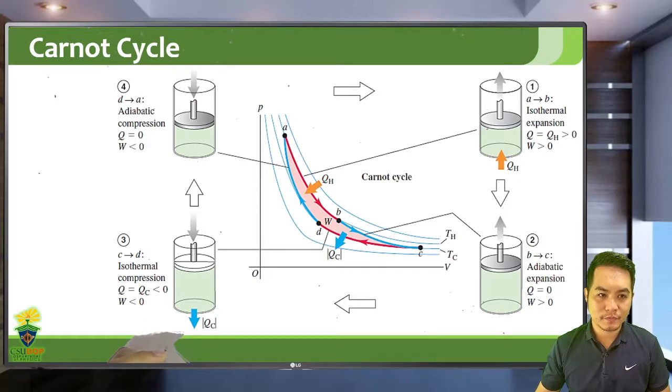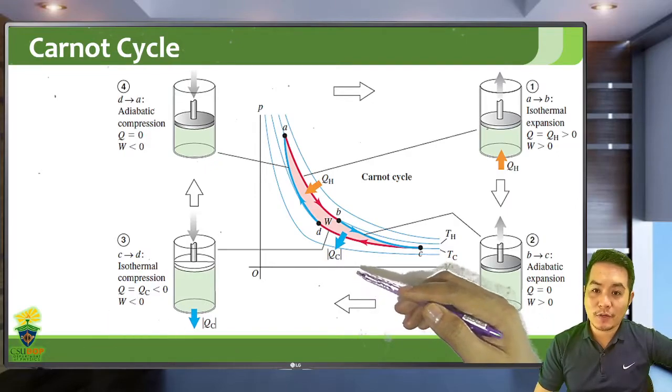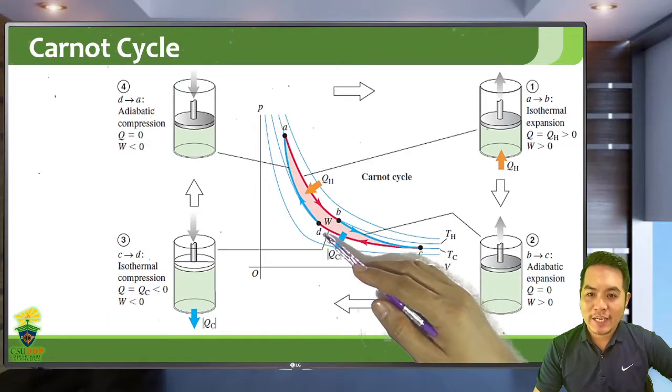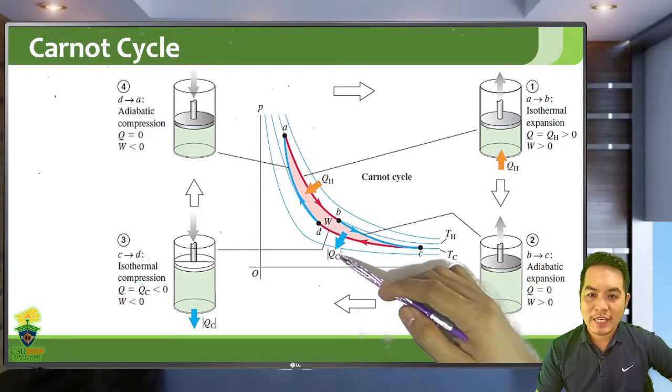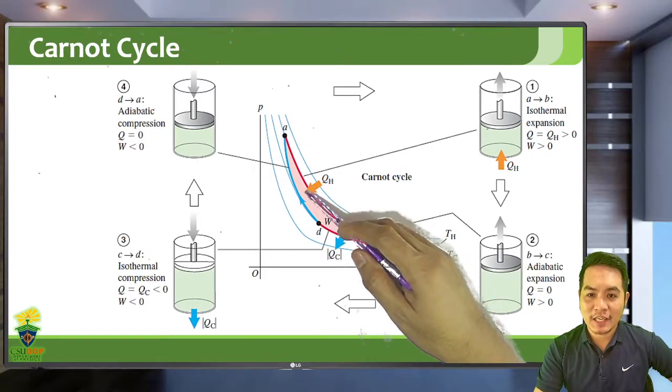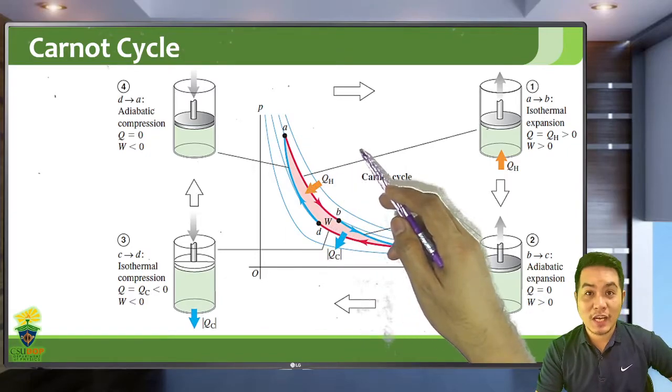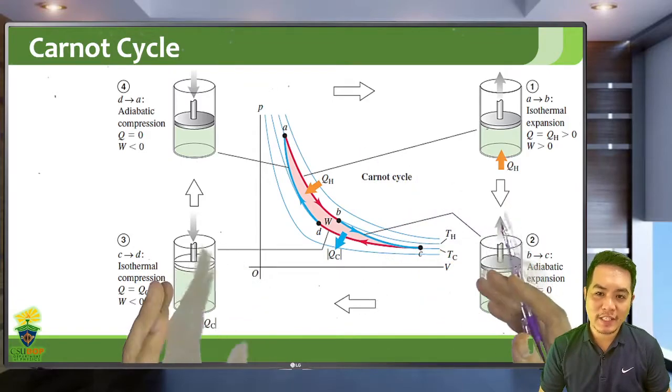Okay. In the refrigerator, the heat involved is also reversed. In D to C, the heat is absorbed from the cold temperature region, and the heat is released to the high temperature region. It's reversed. That's just the difference.